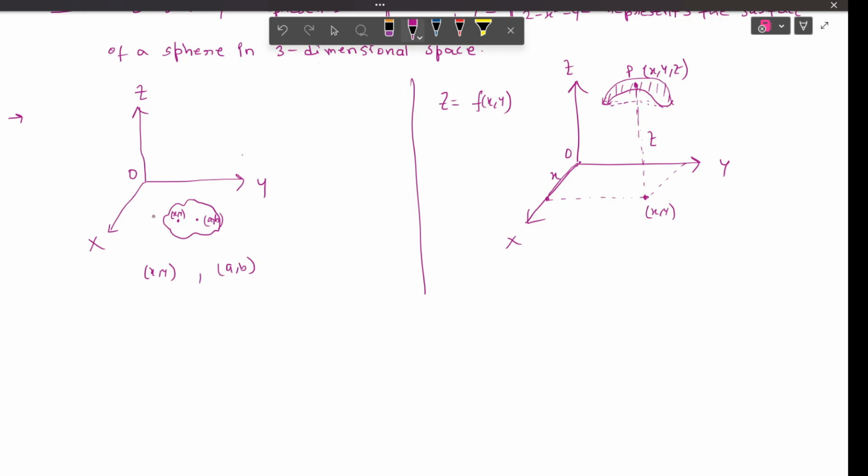If x and y vary in such a way that the variable point x comma y lies within any arbitrary region, however small it may be, let us say that region is R, surrounding the point a comma b, then we say the point x comma y tends to a comma b.